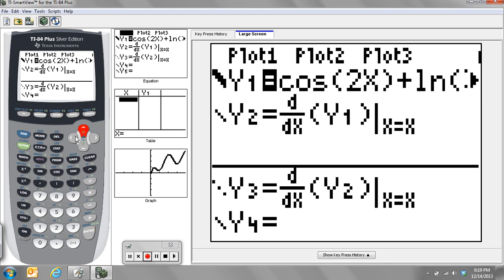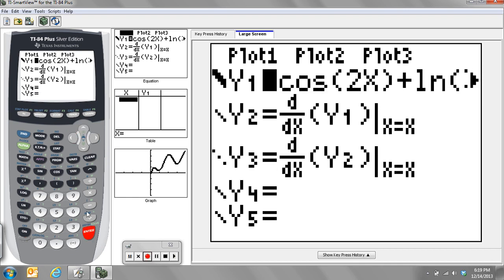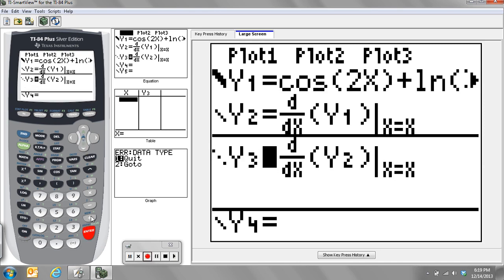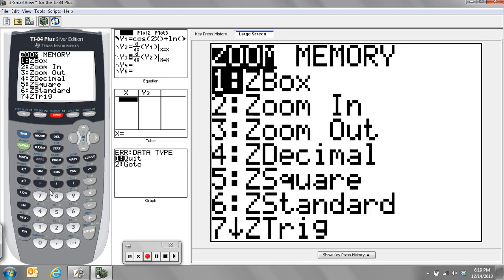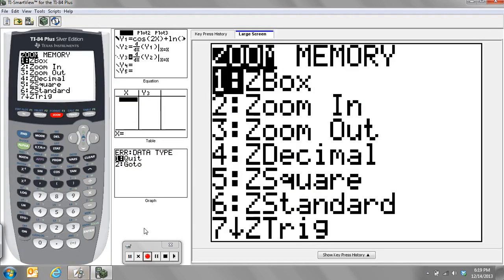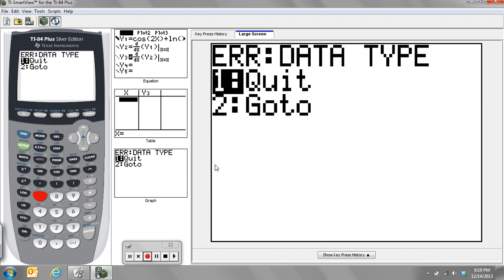So I'm going to turn off the first function and turn on the third one because this is the second derivative. And if I press zoom 7, because I do have part trigonometric function, we want to use zoom 7, not zoom 6. It gives you a clearer picture.